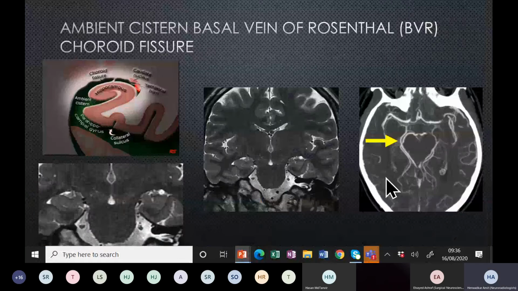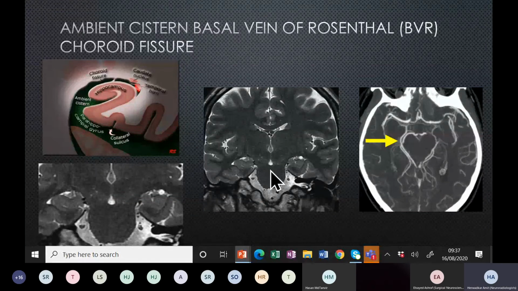As I said, the ambient system is kind of the continuation of the crural system. This is the area we are looking at, the ambient system. Very important, because I've shown you one example, the basal vein and the posterior cerebral artery, here on the zoomed up picture.